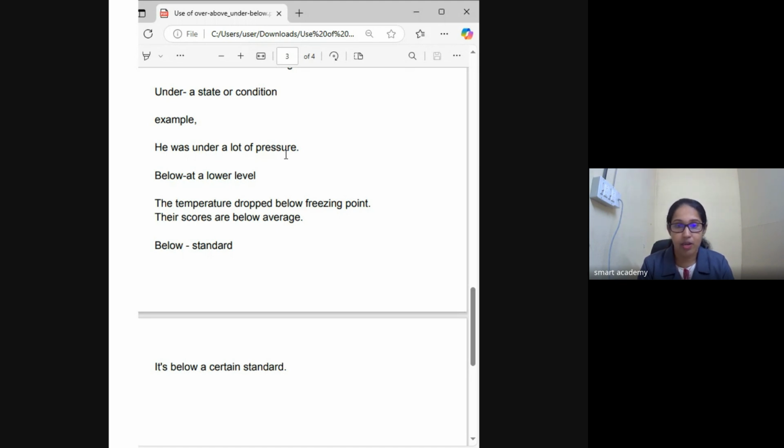The submarine went below sea level, which means at a lower level. There is no direct connection between these two.